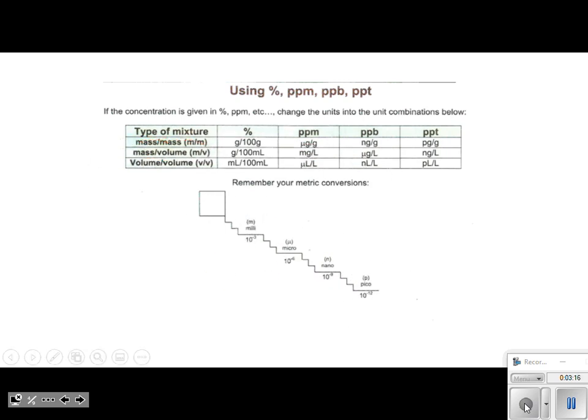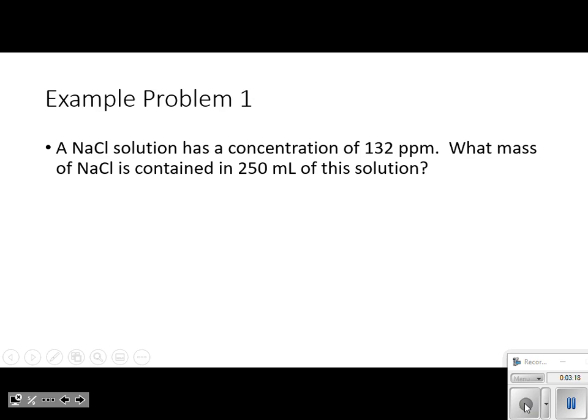So how are we going to use this particular material? Well, here's my first example. Go ahead and write this example down, and then we're going to work it. My example says, an NaCl solution has a concentration of 132 parts per million.